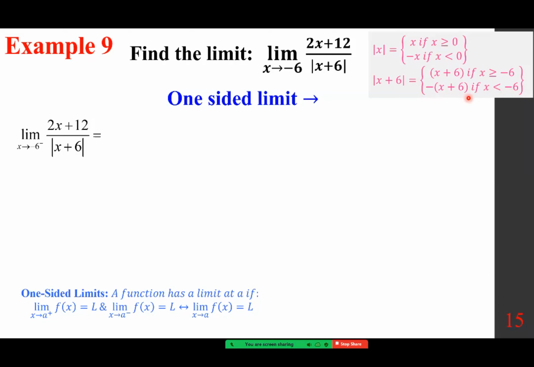But if it's less than that, we drop the absolute value and we put a negative in front. The numerator doesn't change. I just take the 2 out. I get 2 times x plus 6. The other one, if I drop the absolute value, this is -6 from the left. So we drop the absolute value and we use this one, everybody.